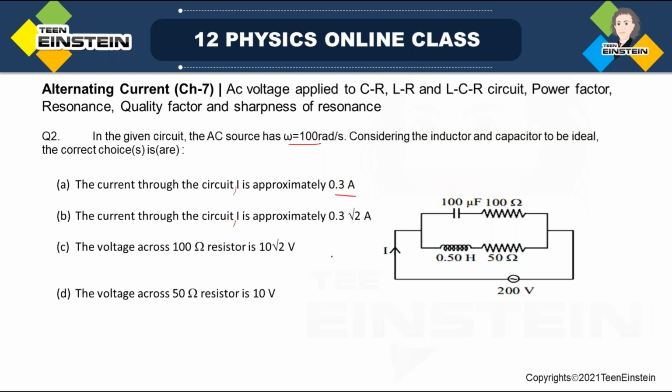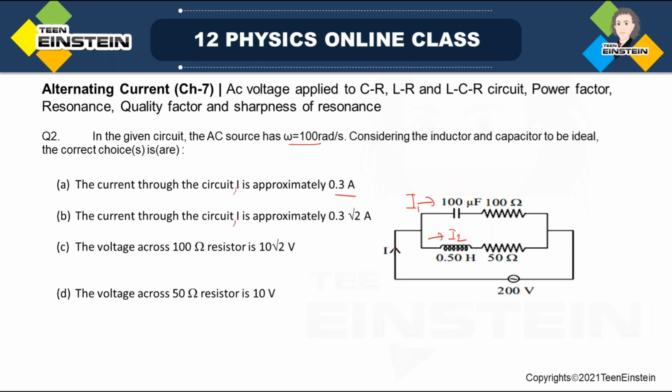So let us just break the current. It is the total current. So let me say through this branch the current is I1, and through this branch the current is I2.